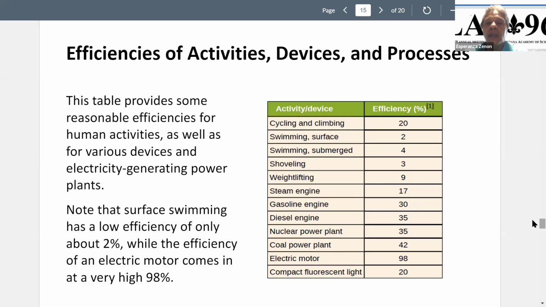Look at how inefficient they are. And that ought to tell you something about why we're trying to move to more efficient electric cars versus gasoline and diesel. Some of it has to do with the fact that they're just downright wasteful, right?